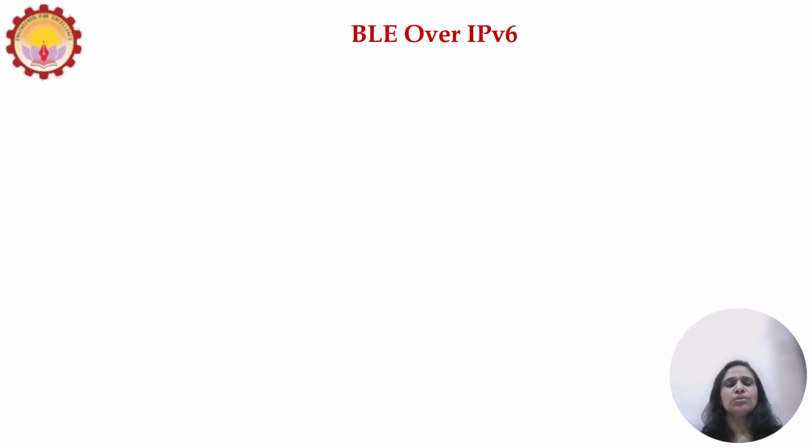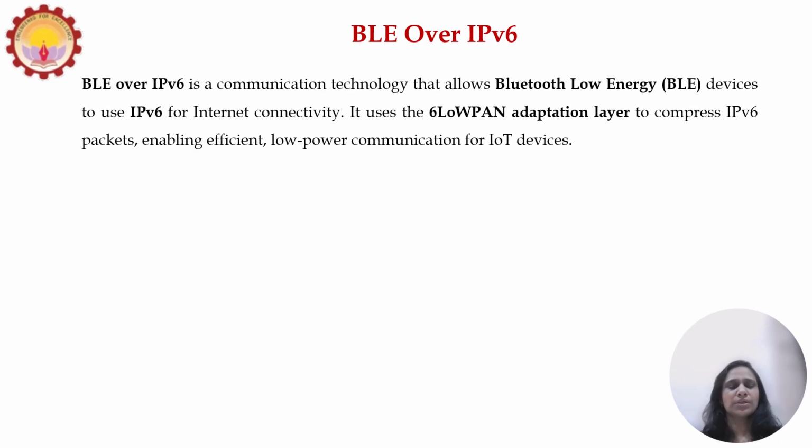Then Bluetooth Low Energy over IPv6. Bluetooth Low Energy over IPv6 is a communication technology that allows BLE devices to use IPv6 for internet connectivity. It also uses the 6LoWPAN adaptation layer to compress IPv6 packets, enabling efficient low power communication for IoT devices.